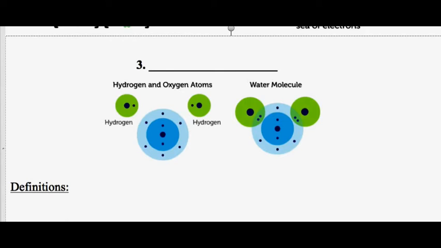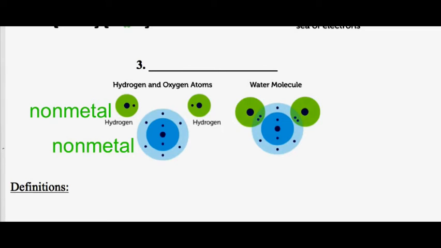The third one I want you to look at, I'd like for you to use your periodic table again and find hydrogen and oxygen and determine if hydrogen and oxygen are metals or nonmetals or a combination. So pause the video and take a look, locate and determine if you think hydrogen or oxygen is a metal or a nonmetal.